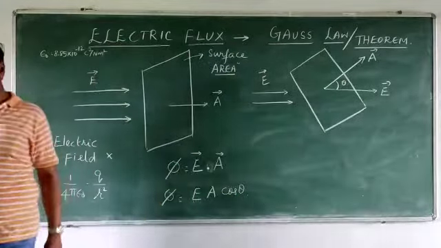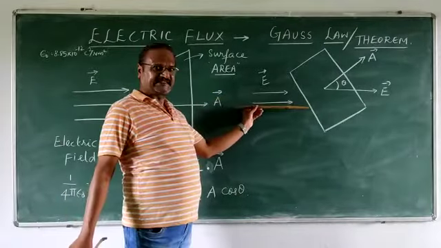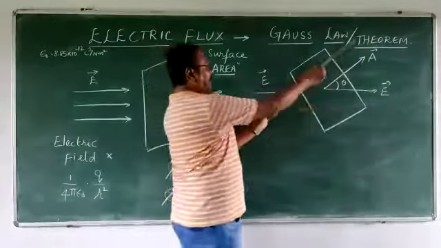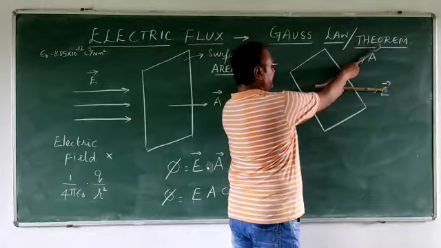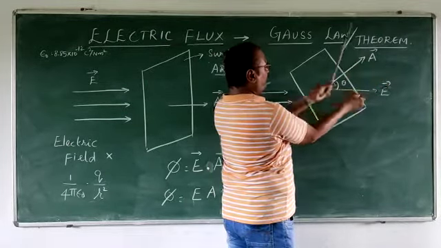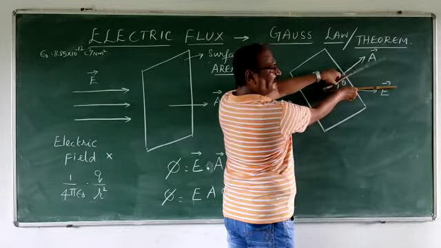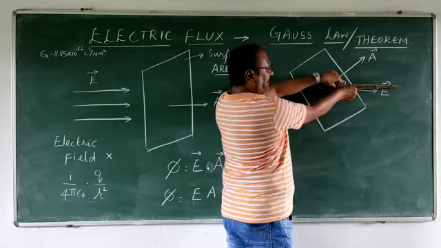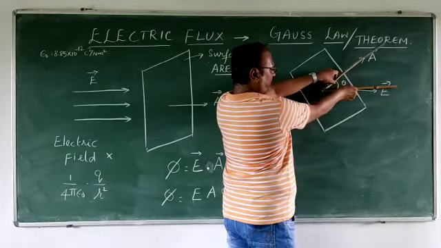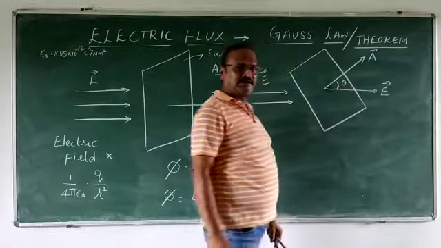Once again I repeat it very carefully, you listen. Now the electric field is like this and the surface area vector is like this, fine, and the angle between the electric field and the area vector, this angle is theta. This theta is arbitrary, you can change it, fine, and let us keep this in mind actually, fine.